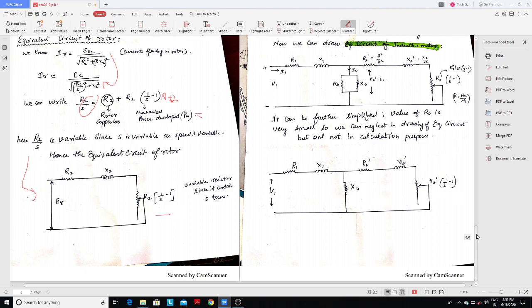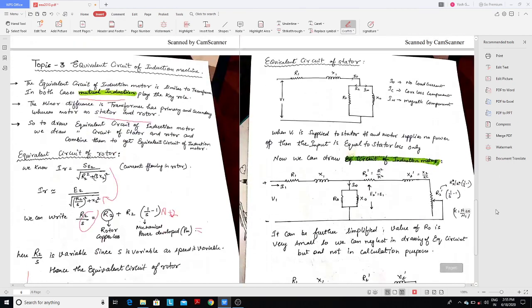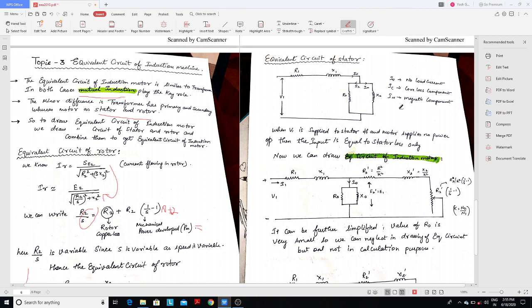Now let's draw the equivalent circuit of a stator. The stator circuit model of an induction motor consists of stator phase winding resistance R1 and stator phase winding leakage reactance X1, as shown in the diagram below.